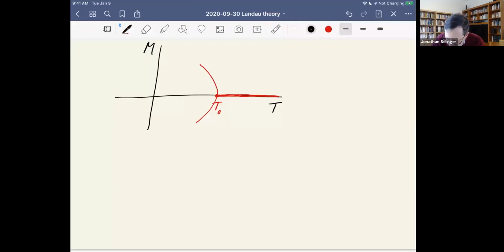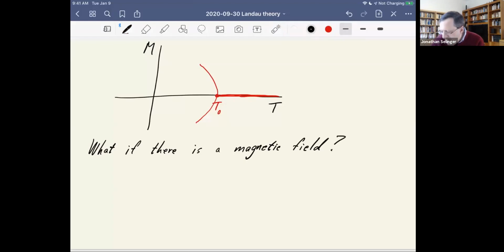Okay, so we'll say, what if there is a magnetic field? And I'll qualify this question by saying, what if there is a small magnetic field? I care about a small magnetic field because I might hope that this theoretical approach can give information about that.